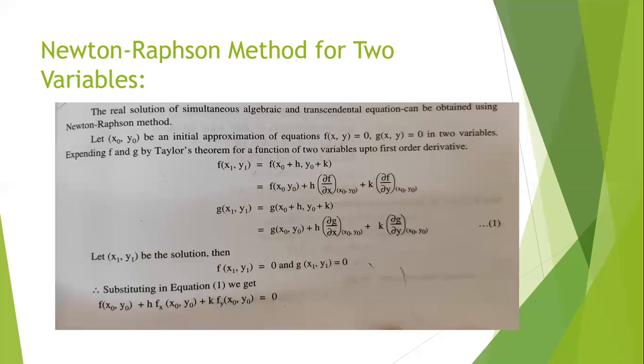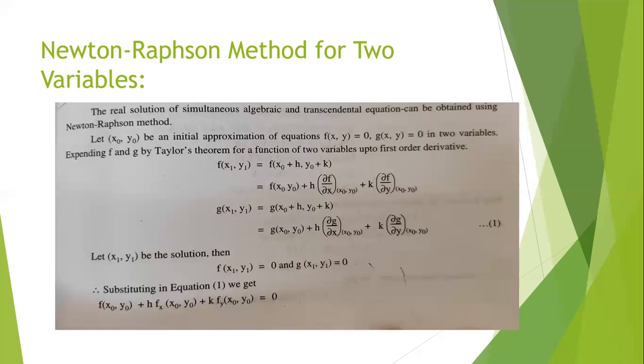Expanding the functions f and g by Taylor's theorem for a function of two variables up to first order derivative, then f of x1 comma y1 is equal to f of x0 plus h comma y0 plus k. Then it is equal to f of x0 comma y0 plus h into the partial derivative of f with respect to x at x0 comma y0 plus k into the partial derivative of f with respect to y at x0 comma y0.